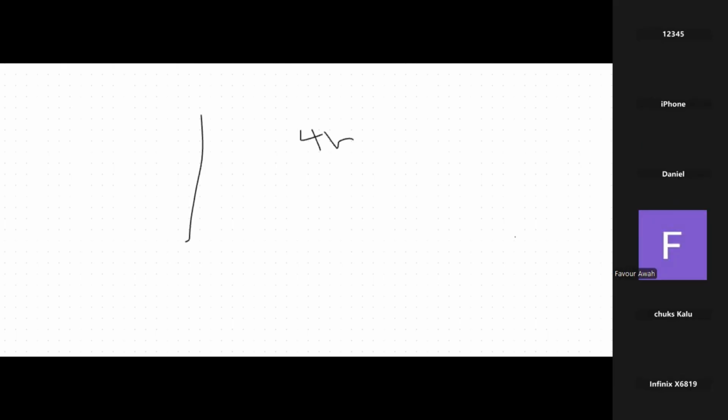All right, so for a scalper, we have the 4 hours, then down to 1 hour.